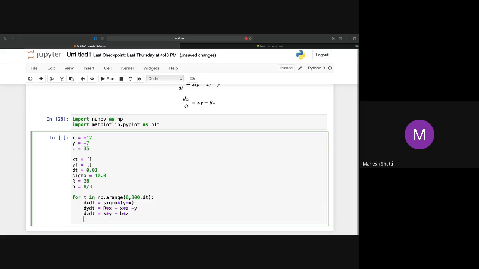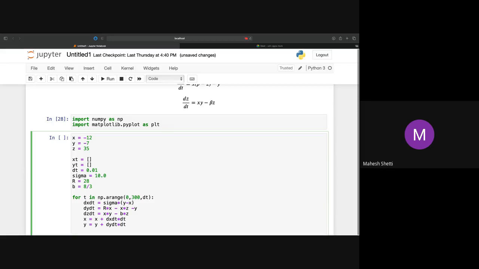Okay. Now I'll append these values. So x will be whatever the initial value of x plus dx dt into dt, and y will be y plus dy dt into dt.